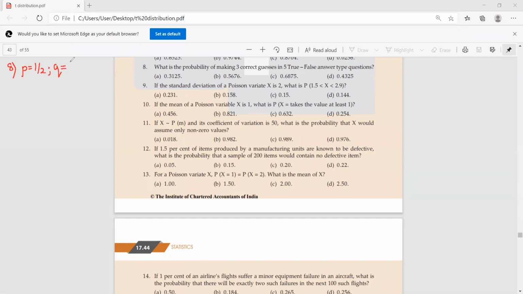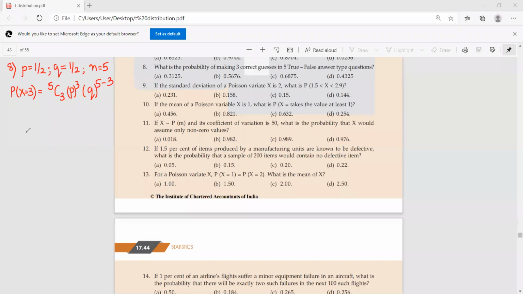Probability of an answer to be false will be 1/2. और ऐसे कितने क्वेश्चंस उन्होंने पूछे हैं आपको 5। बोला है 3 सही जाने चाहिए, 5 में से 3 जो हैं वो सही जाने चाहिए। सो दे हैव आस्क्ड यू प्रोबेबिलिटी ऑफ गेटिंग 3 करेक्ट आंसर्स। सो वी नो द फॉर्मूला, इट इज NCX, that is 5C3 P to the power 3 Q to the power 5 minus 3, correct?